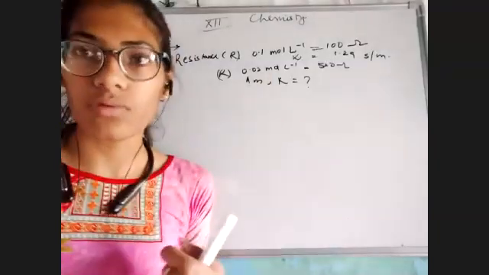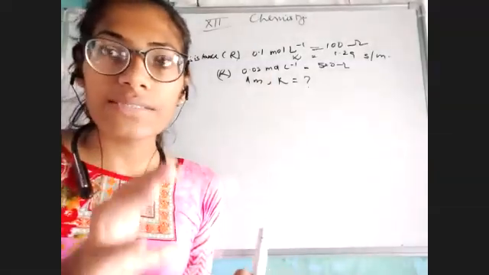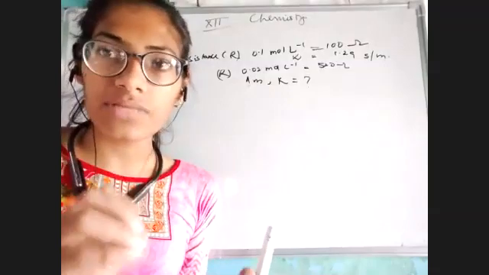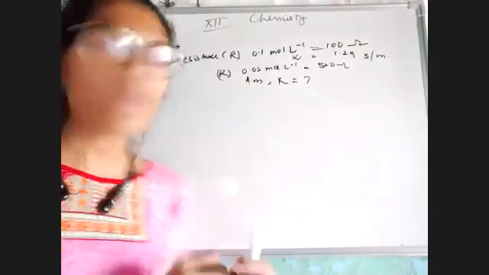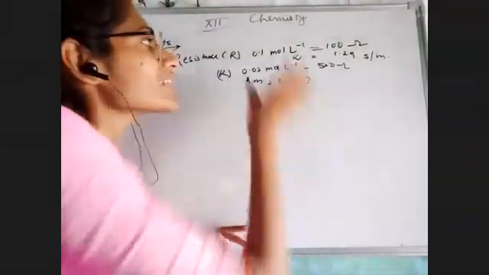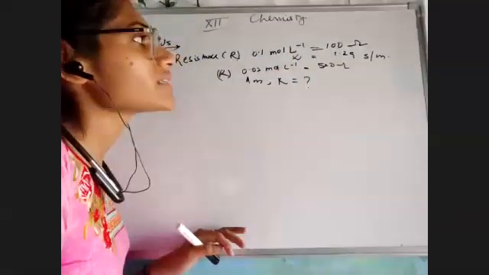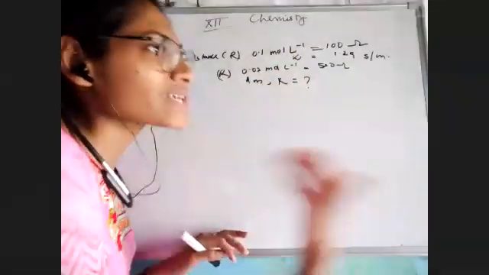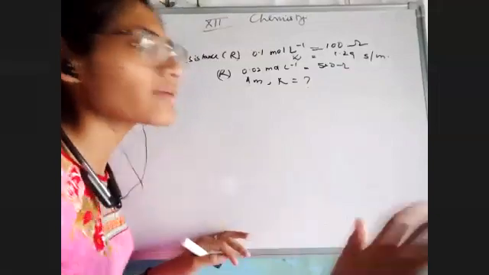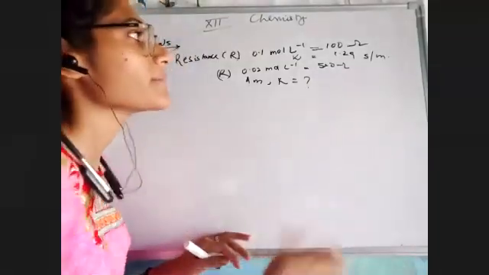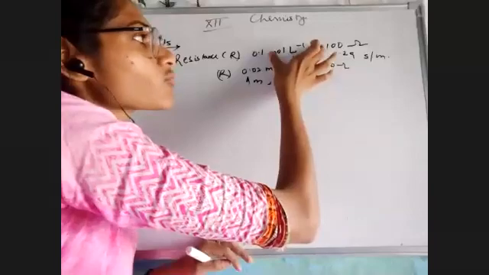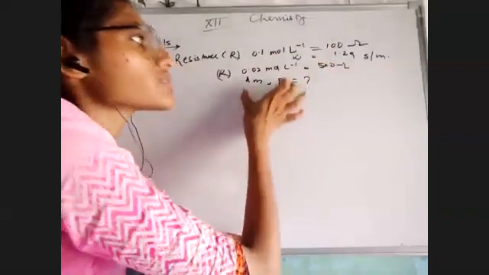Am I clear or no? The name also suggests it is something with a fixed quantity. Even if we keep changing the concentration, it would not affect the cell constant at all.